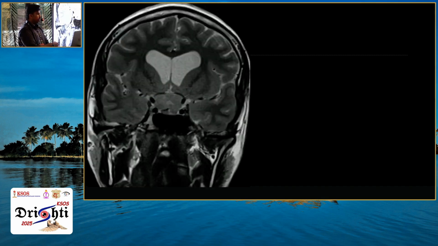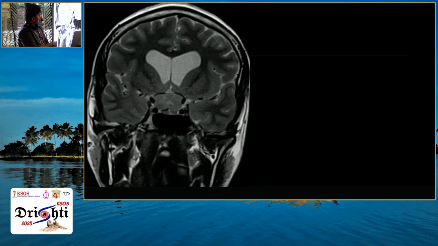And gliomas can occur anywhere along the optic pathway. And here, where I have shown you the chiasma region at the level of sella, the two beautiful flow voids represent the cavernous sinuses here. We must have seen the chiasma here, but there is no chiasma, and there is a small pituitary gland also here, if you can appreciate.